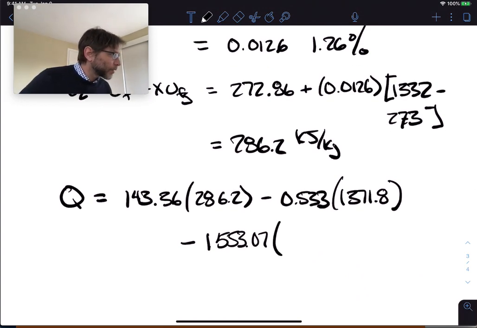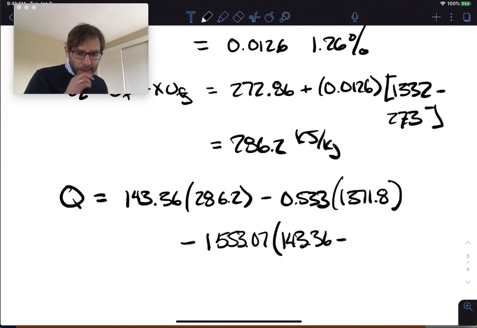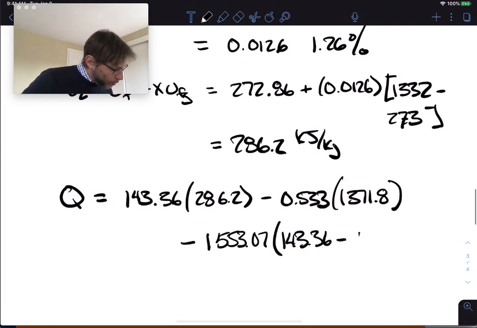The change in mass is 143.36 minus 0.533, which is the initial mass.